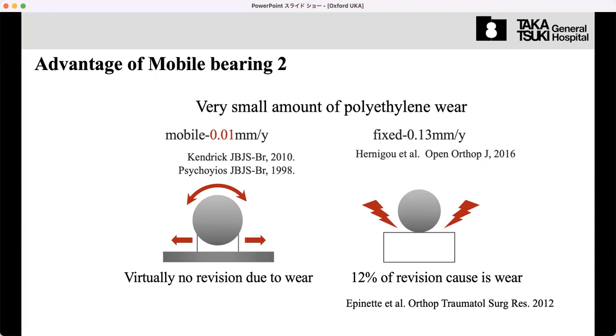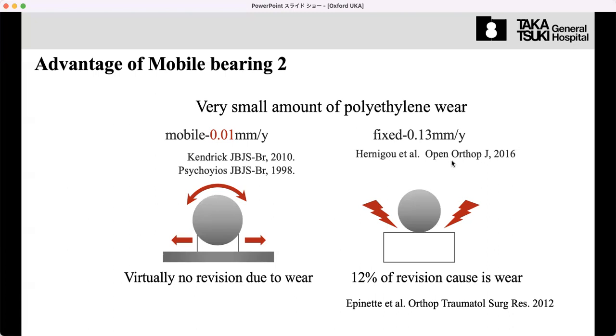After 100 years of use, it comes to 1 millimeter. It is incredible. On the other hand, in fixed bearings the annual wear rate is reported to be 0.1 millimeter per year, so after 10 years of use it comes to 1 millimeter. Furthermore, virtually no revision due to wear is reported in the mobile bearings of the Oxford.